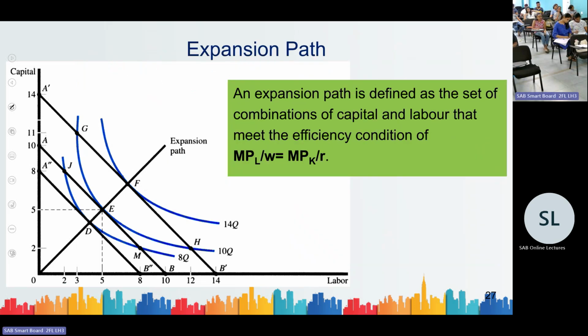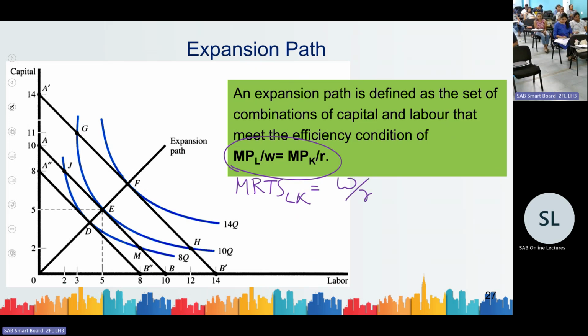Expansion path is defined as the set of combinations of capital and labor that meet the efficiency condition of MPL over W equals MPK over R. This is not new. This is the same thing. Marginal rate of technical substitution of labor for capital equals input price ratio.